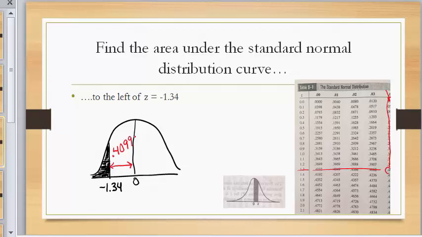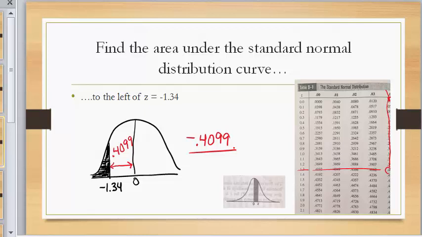And again, if you'll write it that way, where you've written it inside the curve, in the correct part of the curve, then you will notice that you have it on a part of the curve that is not shaded. And if the 4099 is a part of the curve that is not shaded, it's going to need to be subtracted off. Okay, so that's our hint. Not shaded needs to be subtracted off.